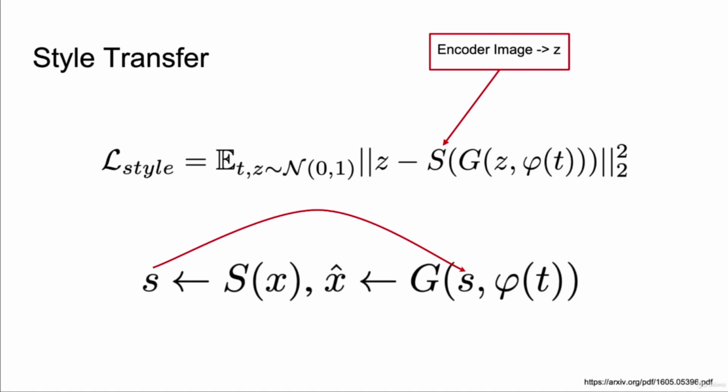Then, if we want to transfer a style from one image to another, we first use this encoder to obtain the Z, which is now not the noise but the style, and then pass this Z to the generator instead of the noise and generate a new image X hat.